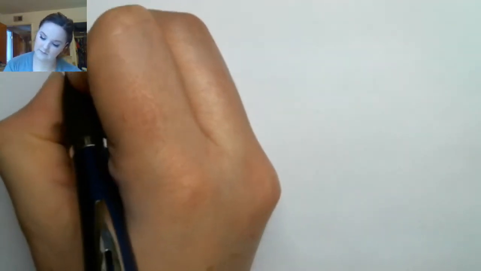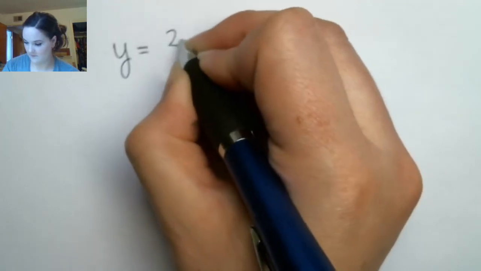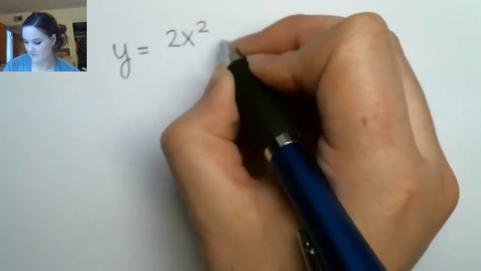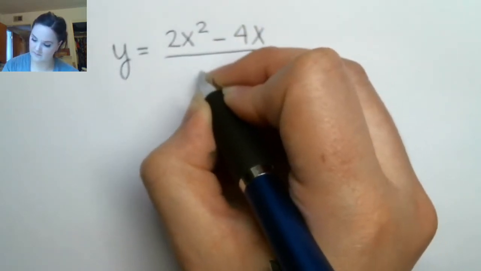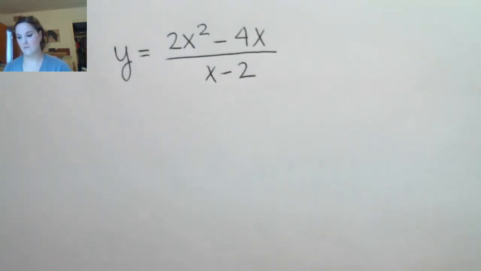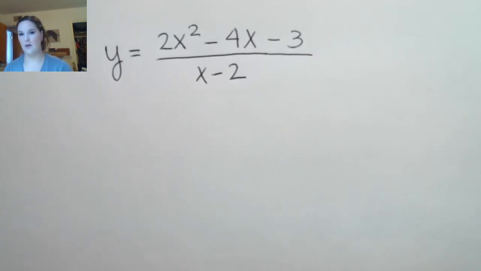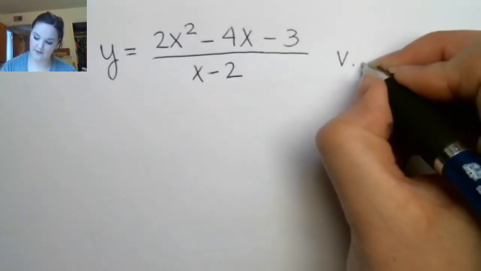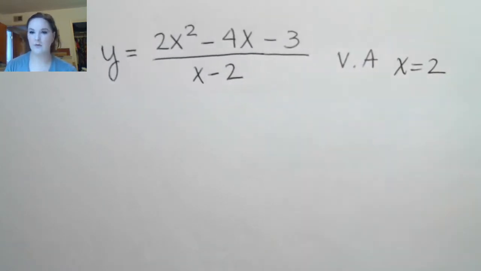Okay, let's do another one like that. Our vertical asymptote is going to come from the root of the denominator, so that's going to be x equals 2.